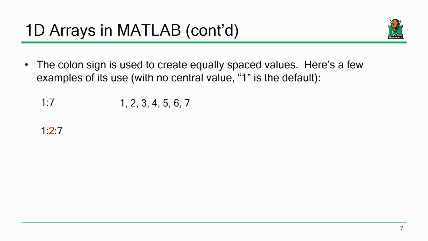We've got something in the middle, and that means the spacing between the beginning and the end of our pattern. So 1 is the beginning of the pattern, 7 is the end of the pattern, and we want Matlab to go in groups of 2, or skip. So from 1 to 3, 3 to 5, 5 to 7. So the result of that would be 1, 3, 5, 7.